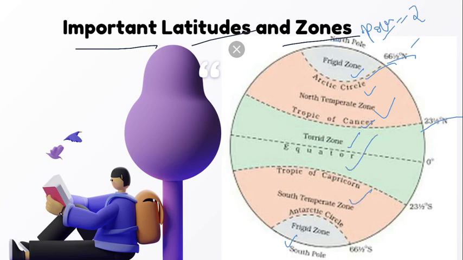Then we have the Tropic of Capricorn, which is 23.5 degrees south. Remember, the Tropic of Capricorn will lie in the south and the Tropic of Cancer will lie in the north, and they are only 23.5 degrees. And then we have the Antarctic Circle, which is at the south, and the Arctic Circle, which is at the north.